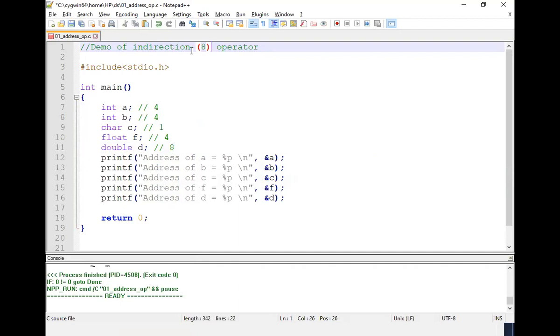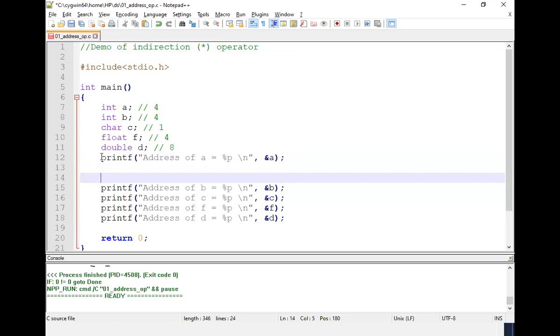What will the star do? The star will give us the value located at a particular memory address. This is a memory address, right? And &A represents a memory address. Now, if I want to know the value of that, let me rewrite a statement here.